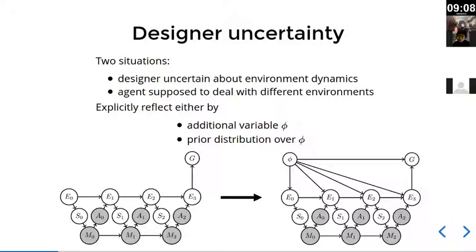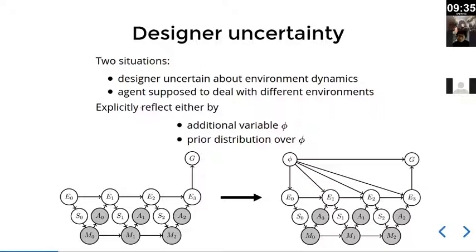And then another situation, which is in the end kind of the same situation, is when you want to make your agent capable of dealing with different environments. So maybe you know that there are different environments and you want to make sure that your agent can deal with all of them.